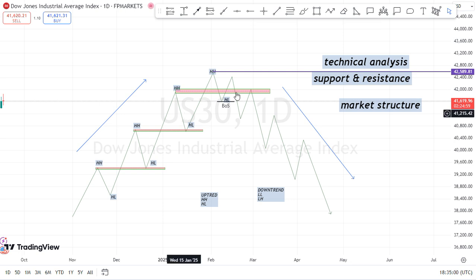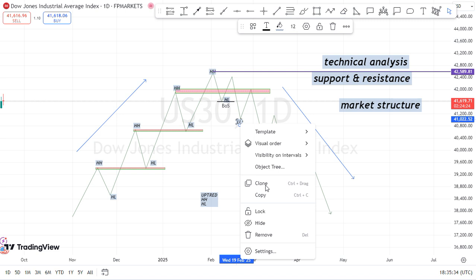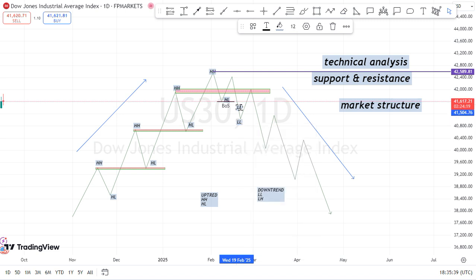So what we have now is a lower low and lower high. You get it? Am I clear? See, we are now on a downtrend. Now we have a lower low, which is this one, and then the lower high.